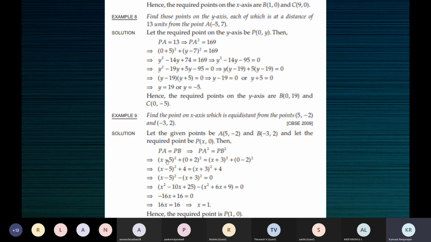PA square is x2 minus x1 whole square plus y2 minus y1 whole square, is equal to PB square. Same thing. Use the points P and B and write out using the formula and work this. See, you don't have to use this method here, children. You just expand and do it in your own way. You must get x is equal to 1. So if x is 1, the required point on the x-axis is (1, 0).